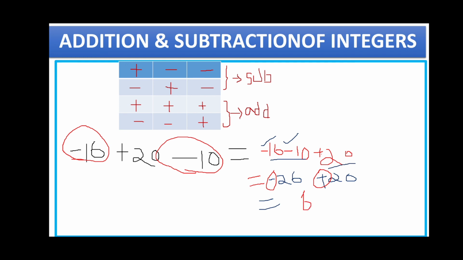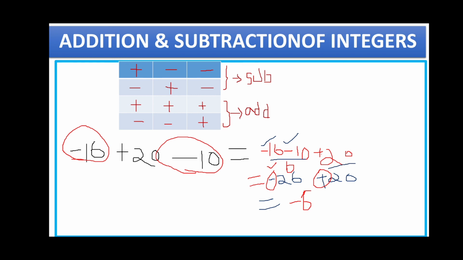And what sign do we have to assign for the 6? Check for the biggest number. That is 26, our biggest number. And what is the sign for that number? Minus. So minus 6 is our result. In this way you can do the addition and subtraction of integers.